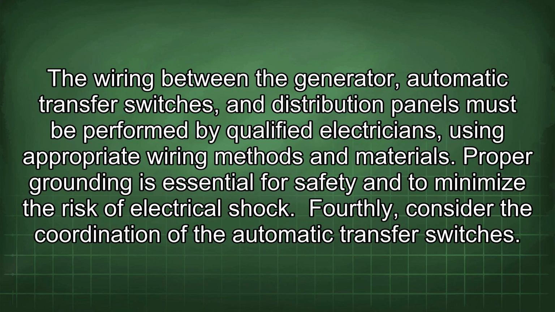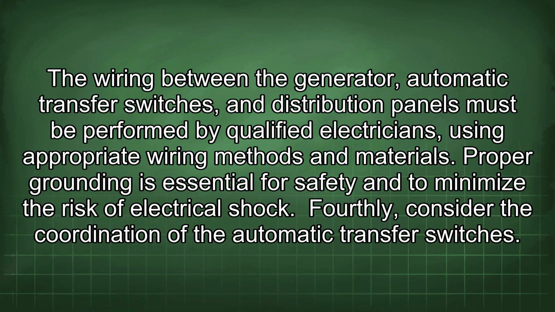The wiring between the generator, automatic transfer switches, and distribution panels must be performed by qualified electricians, using appropriate wiring methods and materials. Proper grounding is essential for safety and to minimize the risk of electrical shock.